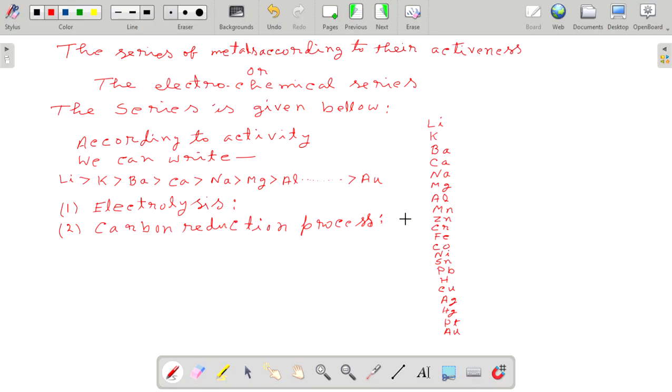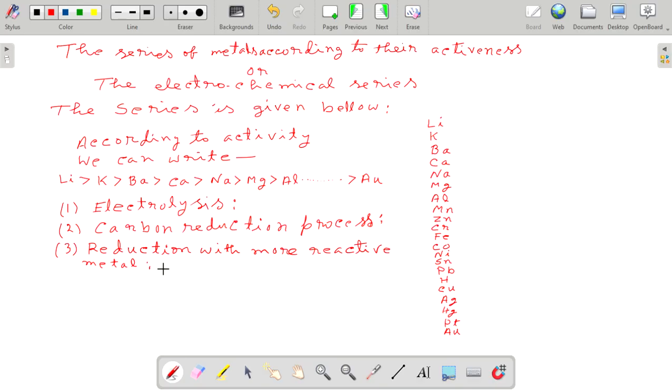Number 3, reduction with more reactive metal.